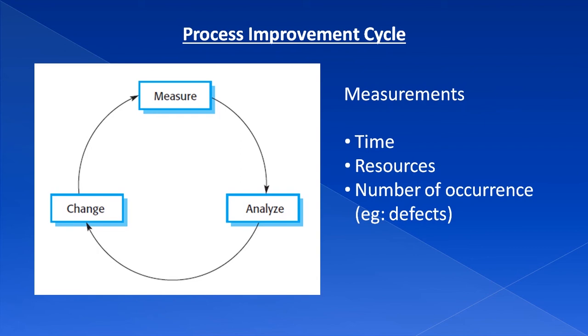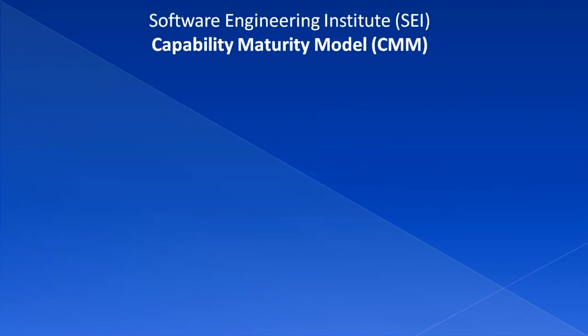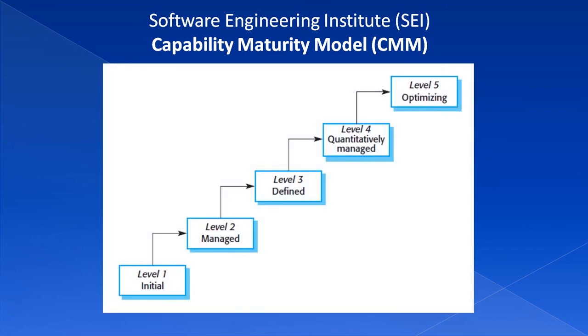So now we are coming to a very important part of this video, the Capability Maturity Model, CMM. It was given by the Software Engineering Institute, SEI, and this is a model for development organizations, especially project-driven organizations, maybe IT projects, engineering projects, or whatever, right?